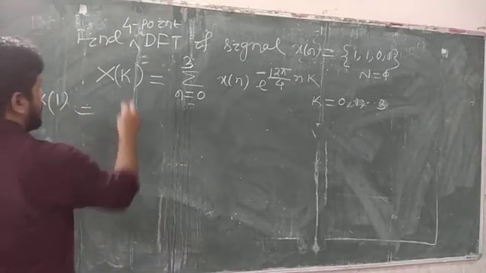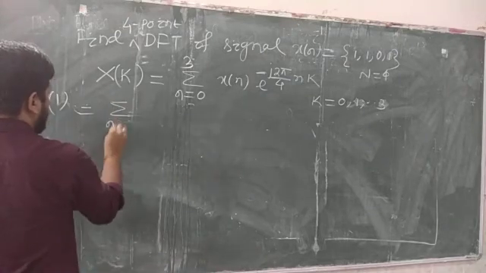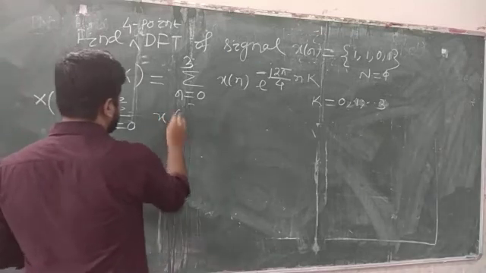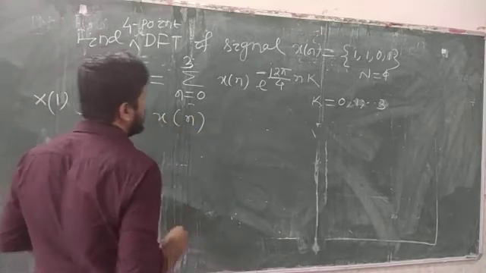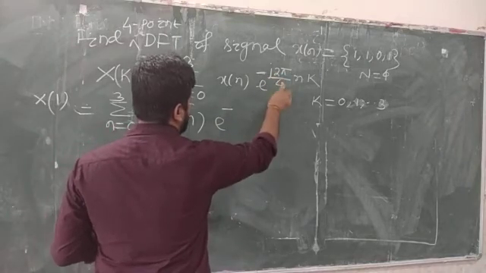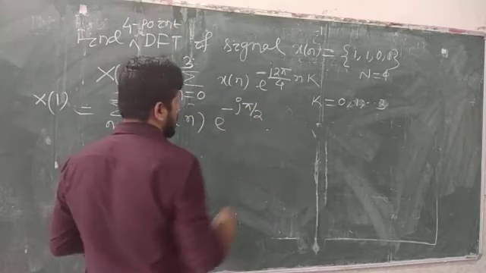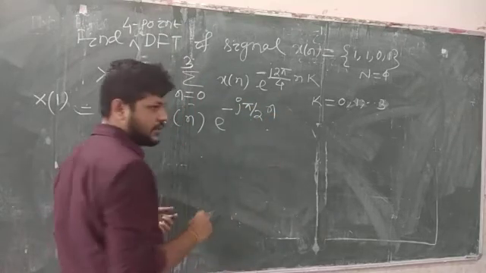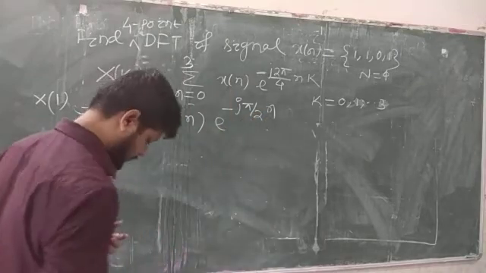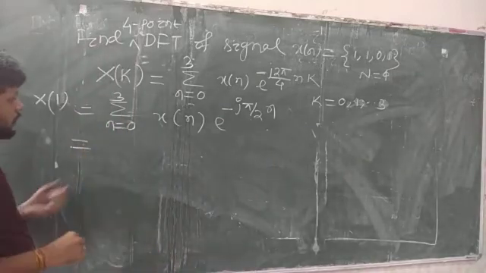So x of 1 is nothing but, in place of k I am putting 1: summation of n is equal to 0 to 3 of x[n] e to the power minus, this 2 and 2 cancel out, so e to the power minus j pi by 2 into n. Now open this summation.